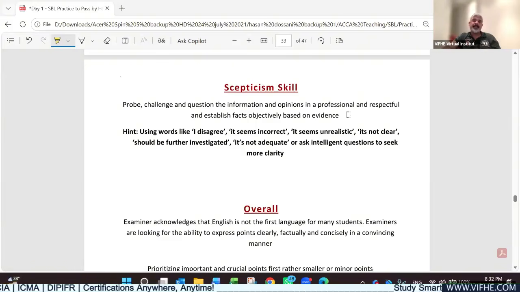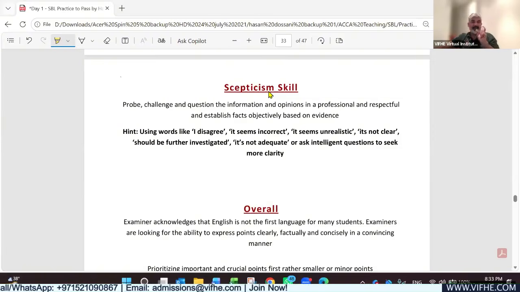How do you demonstrate skeptical skills in your exam? That's the main thing. There are certain fact words which you need to use in your drafting to demonstrate to the examiner that you have skepticism skills.